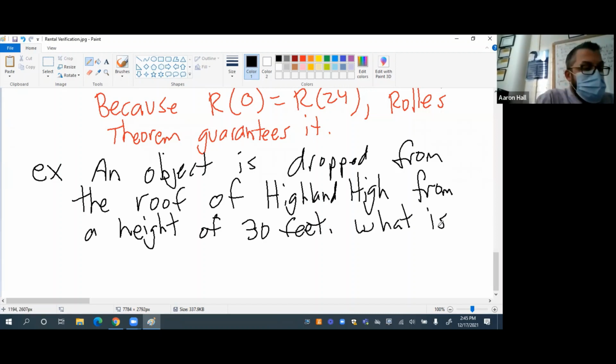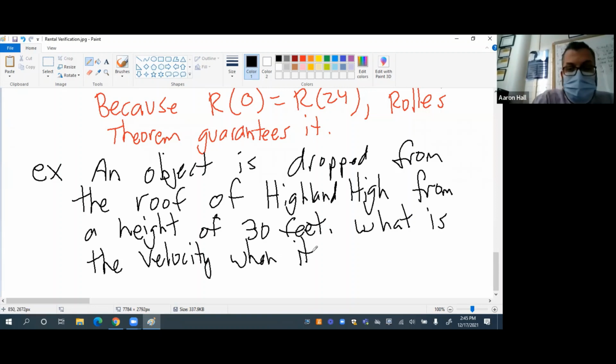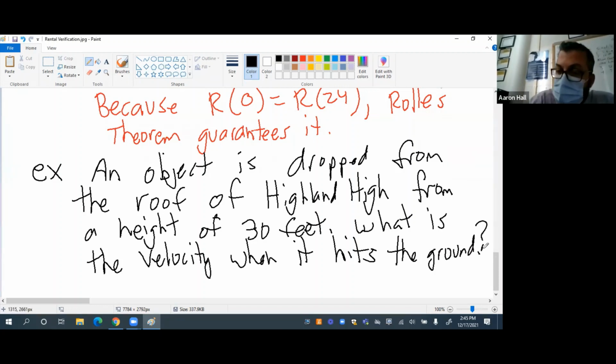What is the velocity when it hits the ground? An object is dropped from the roof of Highland High from a height of 30 feet. What is the velocity when it hits the ground?